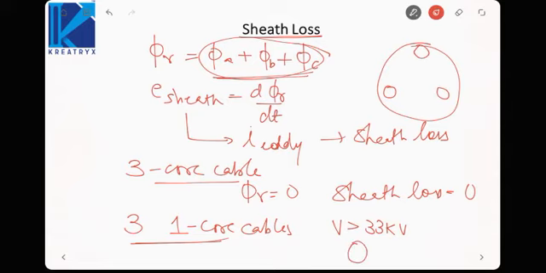The 3 cables may be laid underground horizontally. Since it is not symmetrical, phi r will be non-zero and there will be some sheath loss. Okay, so that is why in case of single core cable, sheath loss is non-zero, but in case of 3 core cable, the sheath loss will be 0. It is due to the eddy currents induced in the sheath and armoring layer due to alternating flux produced by the conductor.